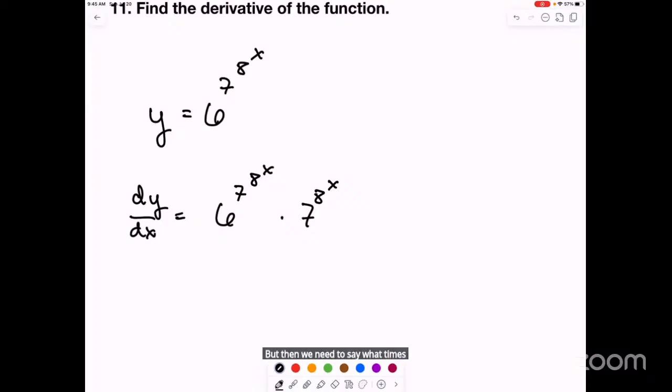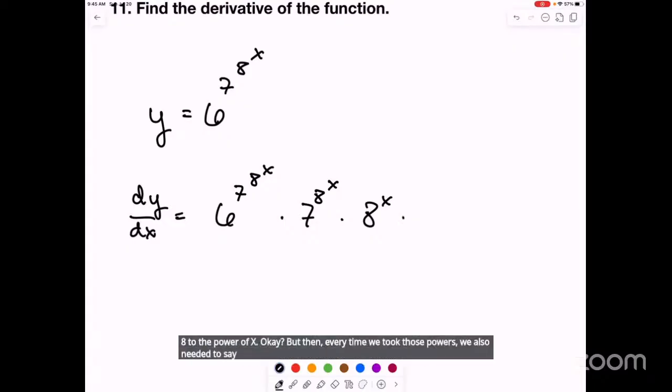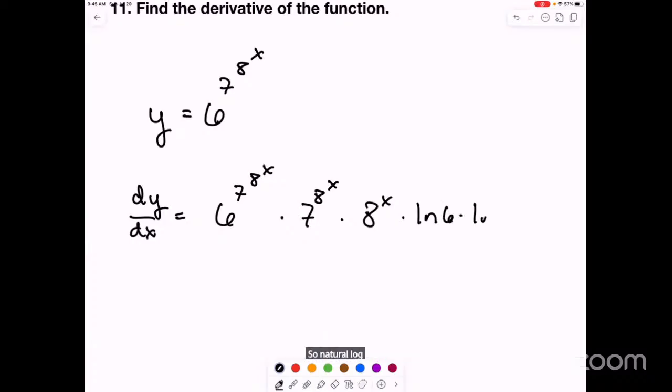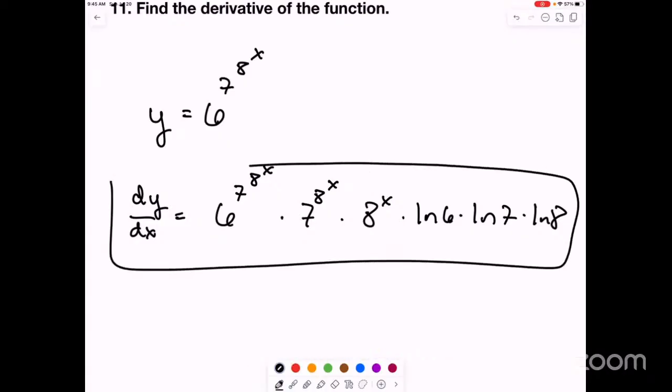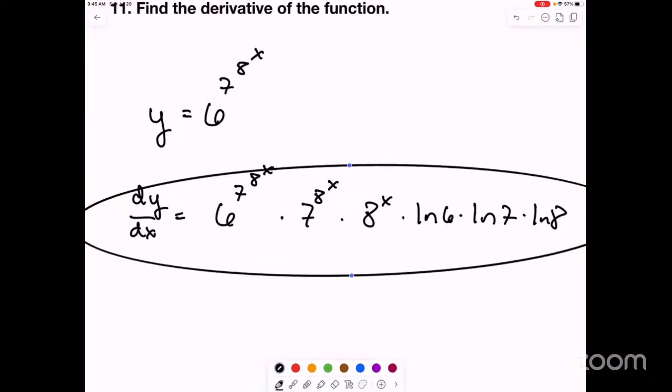Times the derivative of that power, 8 to the power of x. But then every time we took those powers, we also needed to say times the natural log of the base. So natural log of 6, natural log of 7, natural log of 8. And that's about the best we can do there. Let's try that again.